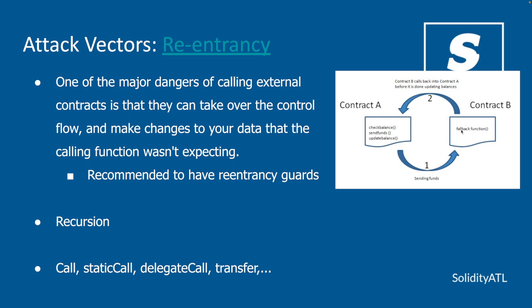So whenever they receive ether, they can just call back into this method, and that will start to execute before the balance gets updated. This way they can keep calling back into this contract to drain funds. That's what a typical reentrancy attack may look like.